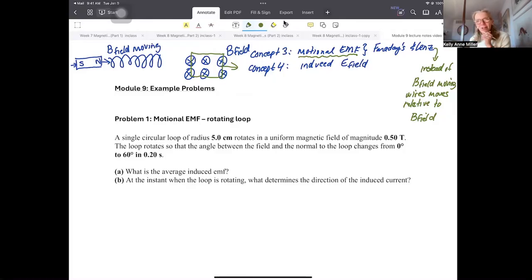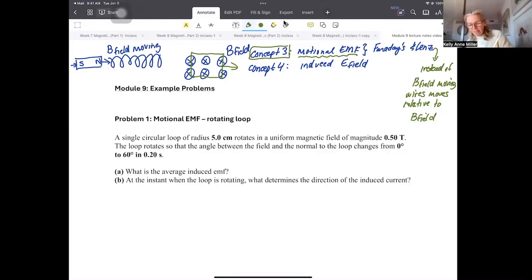And there's absolutely no difference between those two situations. From a physics point of view, they are identical. I debated whether to even make this a separate concept, but because there are so many cool technological things that come out of this idea, I decided to make it a separate concept, but it's the same thing as Faraday's law and Lenz's law.